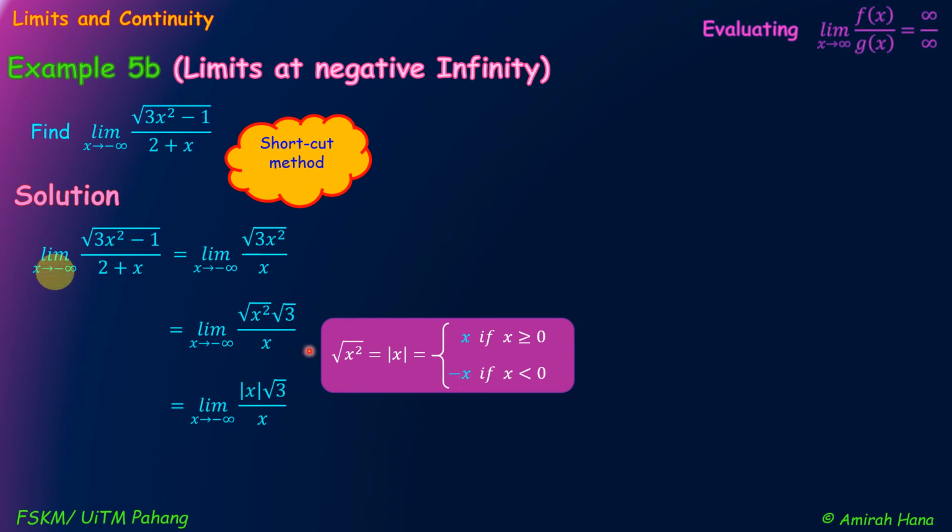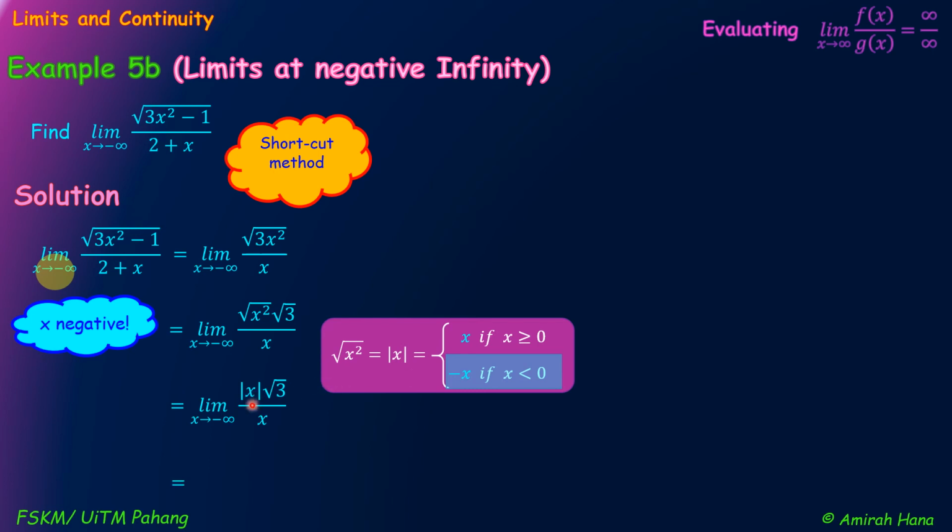Look at this. We have x negative because we have the limit as x approaches negative infinity, which means the value of x is negative, meaning x is less than 0. So when x is less than 0, we write modulus x equals negative x.